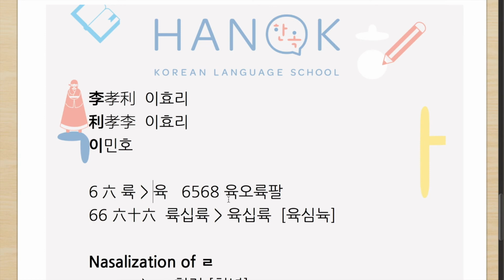So under what circumstances do we say 유 or 류? So for example, this number, we would say 6, 5, 6, 8. So because, again, originally it is 류, but when it comes in front, it is pronounced as 유. When it is not the first sound, it goes back to its original state. Okay? So we say 류.